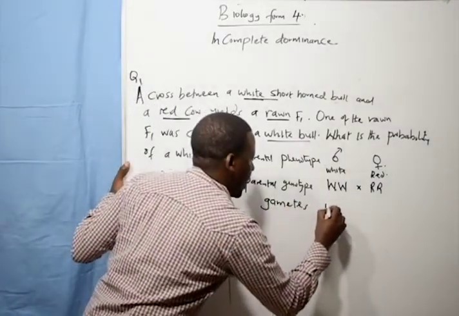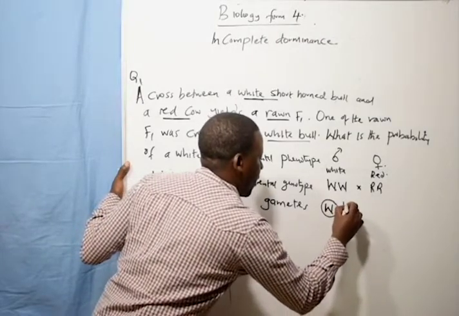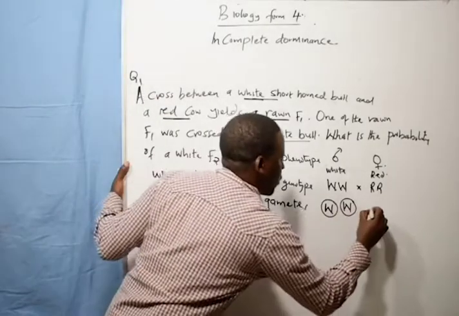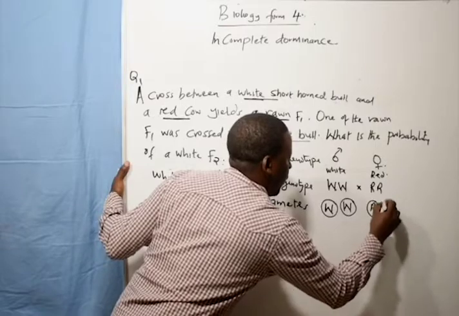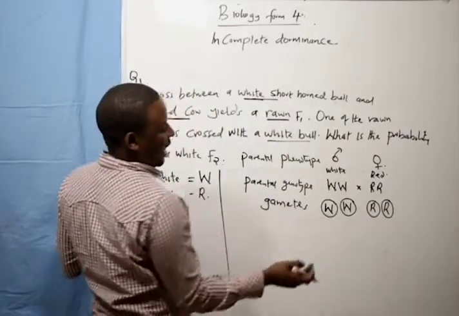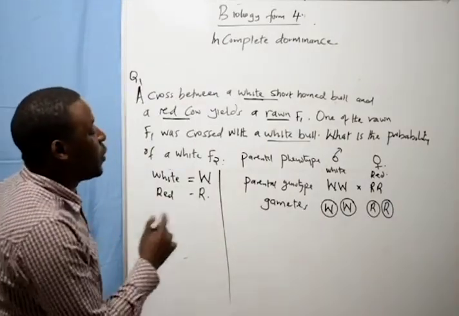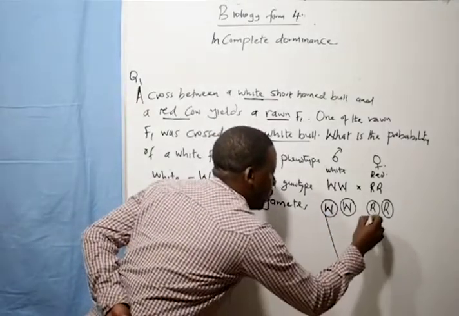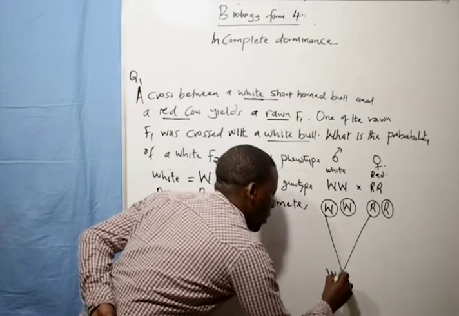So you write that gamete in a circle, the other gamete in a circle, and you put W in a circle, then R in a circle, meaning each gene can enter either gamete. Then after that, we fuse. This gamete can fuse with that gamete to form WR.